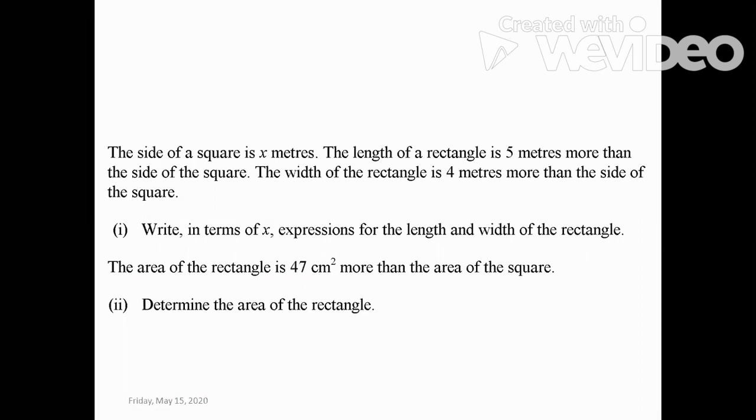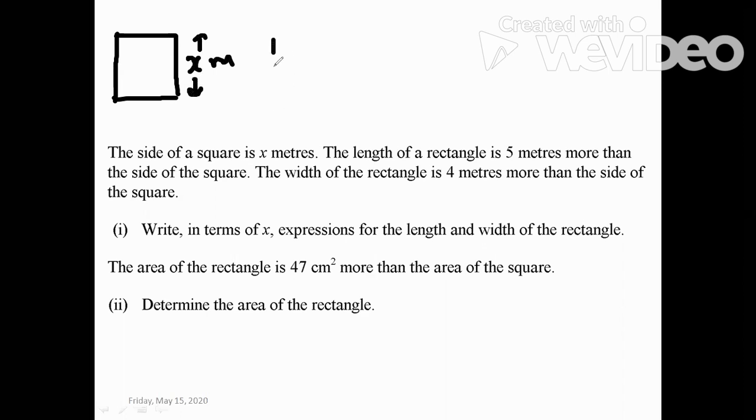What kind of question is this? Right. So, basically, you know what? We have a square, right? And you know that in a square, all sides are equal. And what they're saying is that each side of the square is x meters in length. All right, so all sides are equal to x, basically.